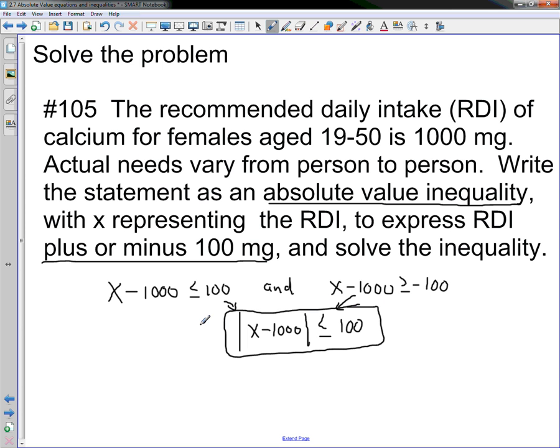Now to solve these, all I need to do is add 1000 to this one, and I get x is less than or equal to 1100. Over here, I add 1000, and I get x is greater than or equal to 900.